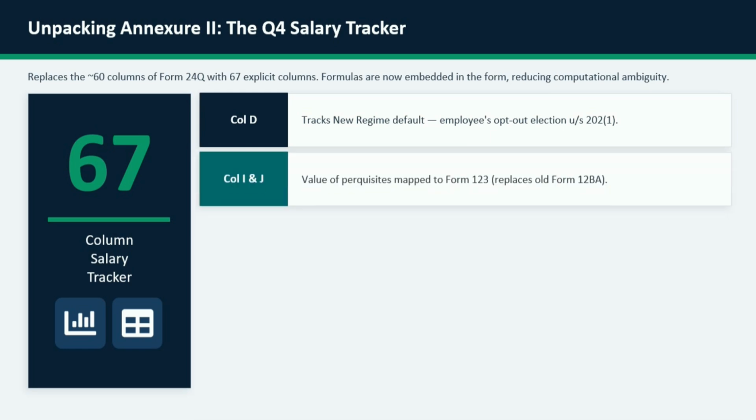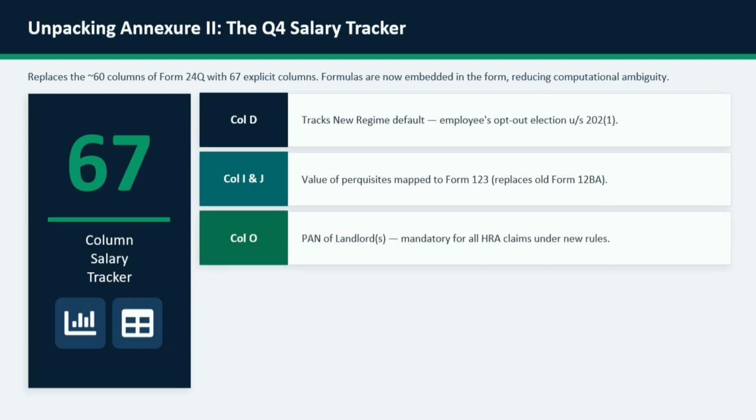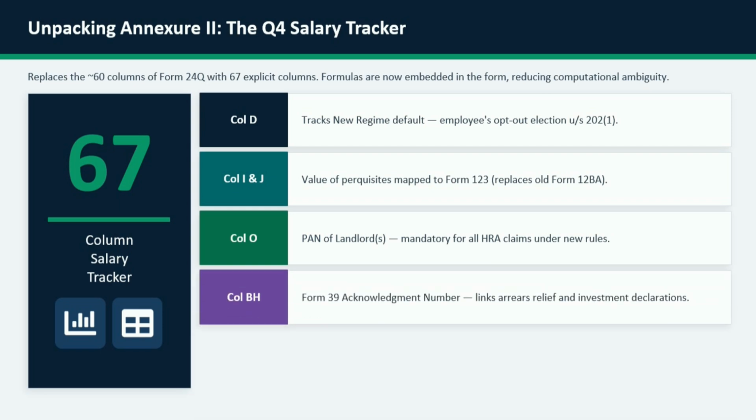Columns E and J focus on perquisite reporting with direct mapping to Form 123, replacing the earlier Form 12BA structure. Column O introduces mandatory PAN reporting for landlords and HRA claims, strengthening verification and reducing compliance gaps. Column BH links directly to Form 39 acknowledgement details, enabling better tracking of arrears, reliefs, and investment declarations.